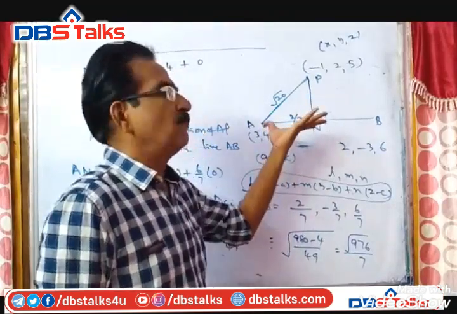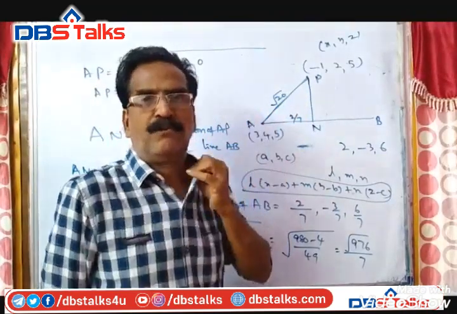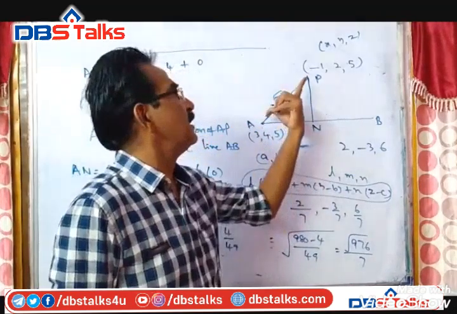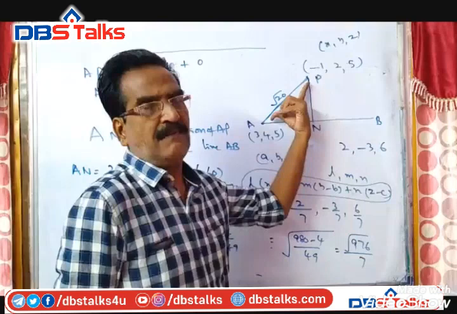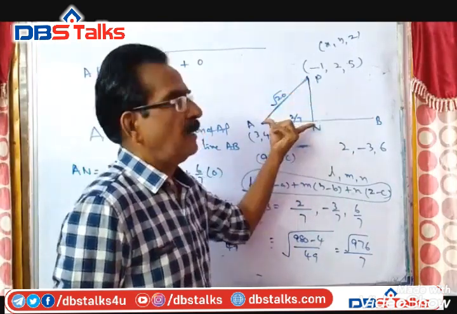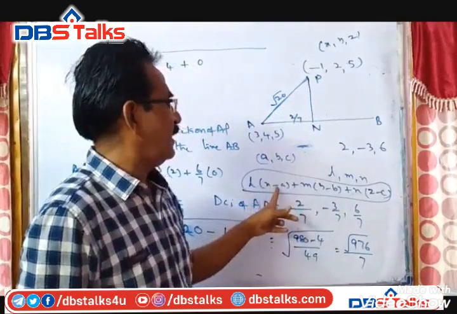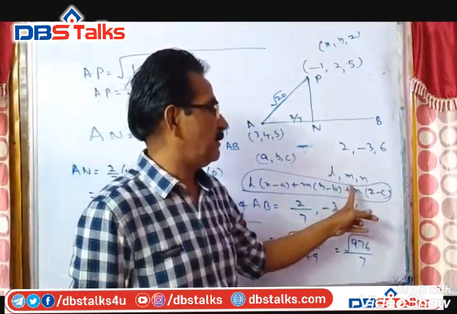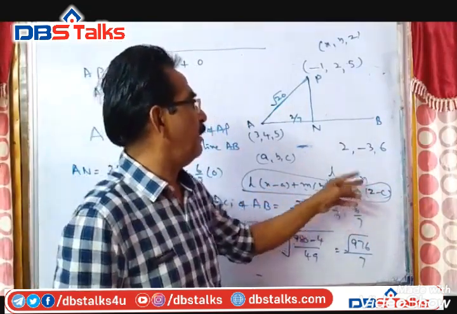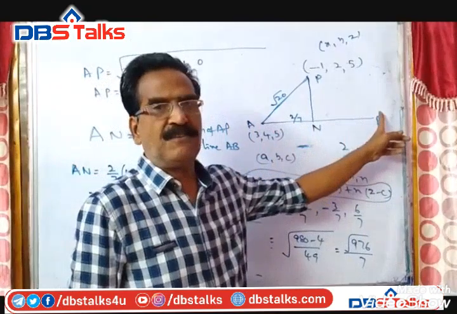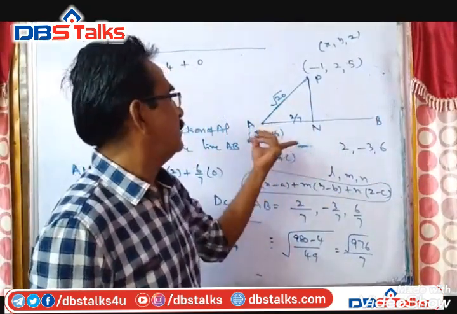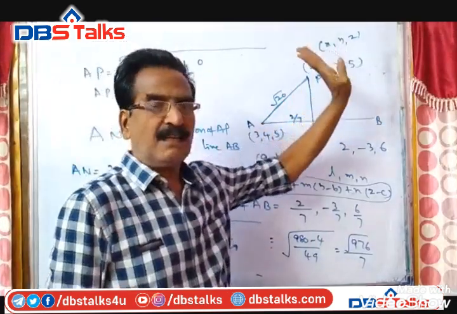The thing is, we have to find the projection. For projection we have a formula. The projection of a line segment on a line is equal to l into (x minus a) plus m into (y minus b) plus n into (z minus c), where l, m, n are the direction cosines of this line, and a, b, c and x, y, z are these points.